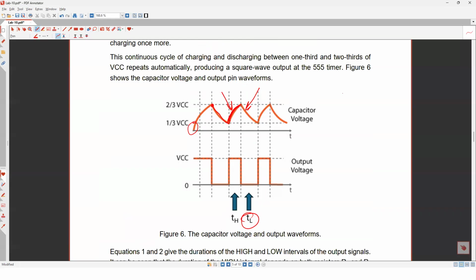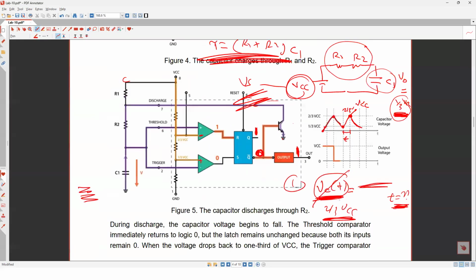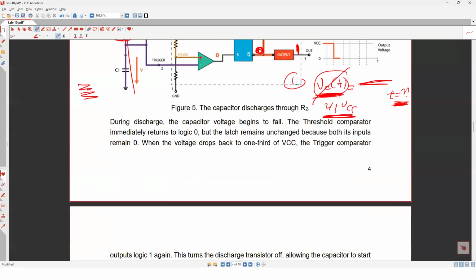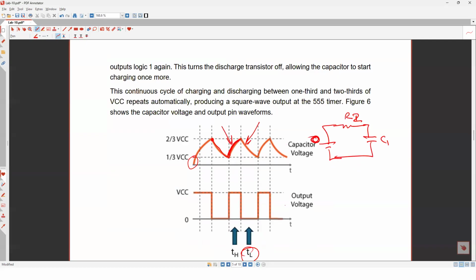In case of discharging, it's going to discharge only through R2, not R1. So it has to go through R2, and then you have capacitor C1, and the supply is 0. That means now you have tau, which equals R2 times C1, and VS equals 0.